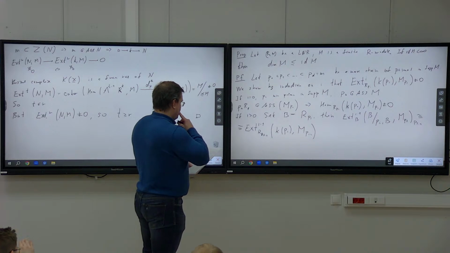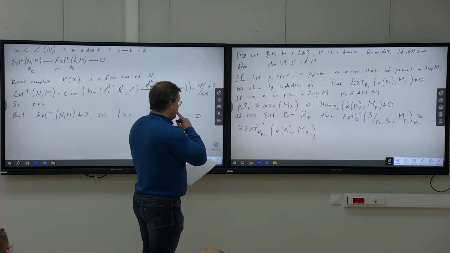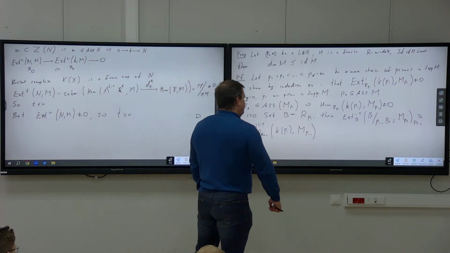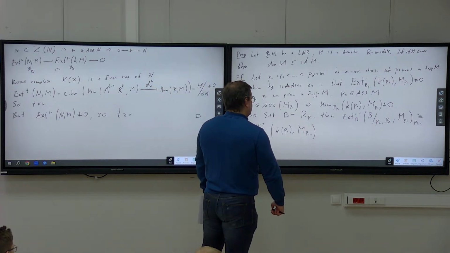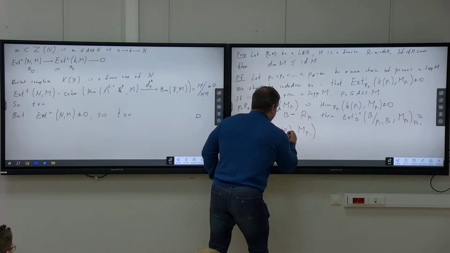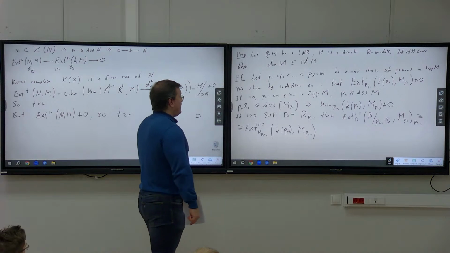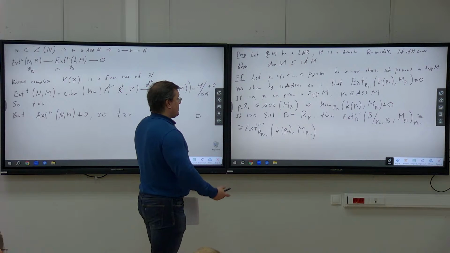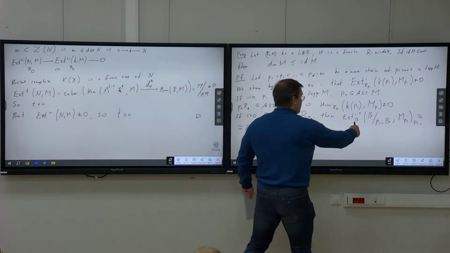Like we factor by P(i-1) and then localize at P(i-1). Yes, so it should be P(i-1). Let me check. Yeah, I think you're right, minus 1. So this isomorphism is just the result of applying localization to the ring and both terms.